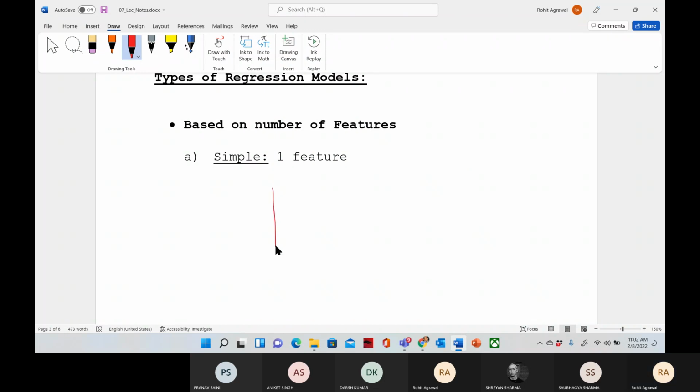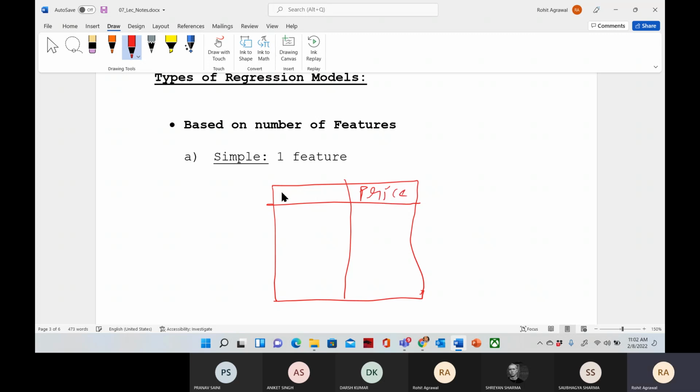See, if you remember, in the past I have given you this type of data: price and square feet area, house data.